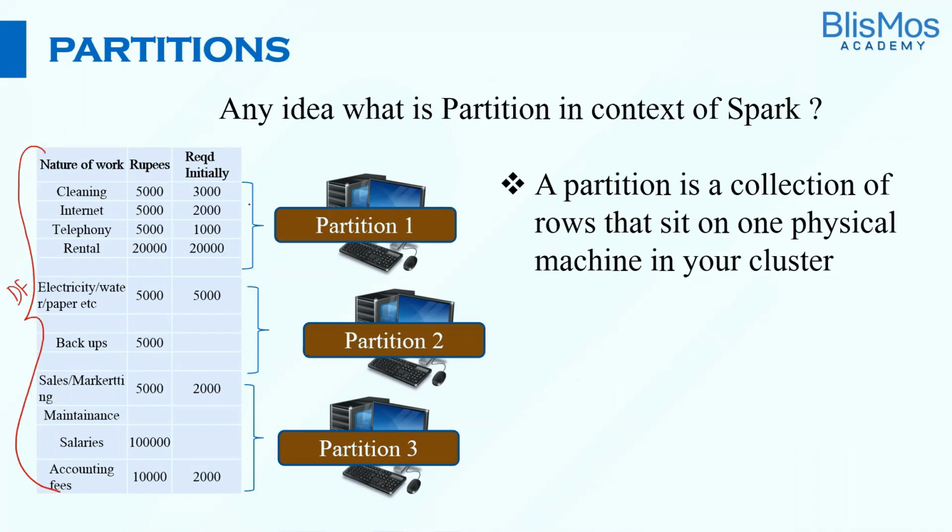Now, this data frame needs to be split into smaller chunks of data called partitions, and these partitions will sit on the physical machines of our cluster. If you see, this whole data frame is divided into 3 partitions, and they are sitting on different physical machines. This is one physical machine, this is one, and this is one.